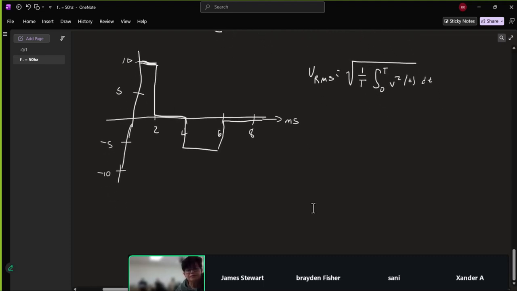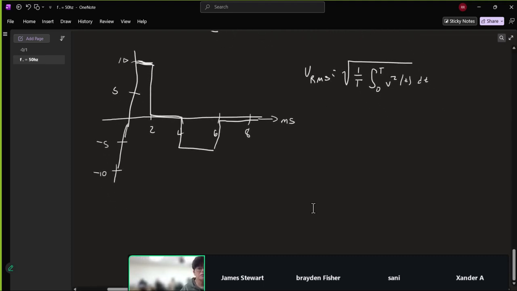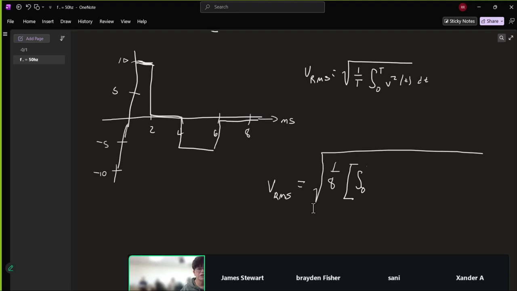So this will be 1 over 8 times the integral from 0 to 2 of v squared dt plus the integral from 2 to 4 of v squared dt plus the integral from 4 to 6 of v squared dt plus the integral from 6 to 8 of v squared dt.